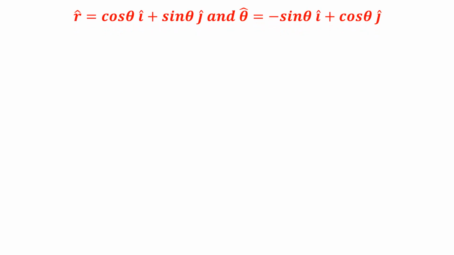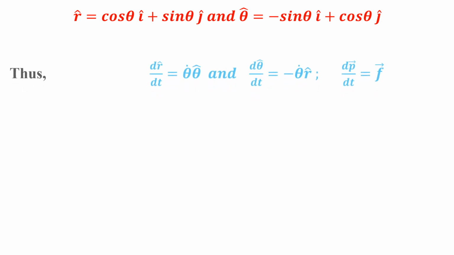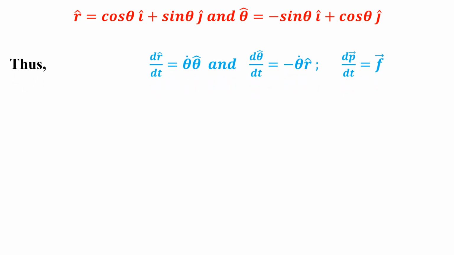The unit vector r cap equals cos theta i cap plus sin theta j cap, and unit vector theta cap equals minus sin theta i cap plus cos theta j cap. Thus, the derivative of unit vector r cap equals theta dot theta cap, and the derivative of theta cap equals minus theta dot r cap, and the force can be written as dP vector upon dt.